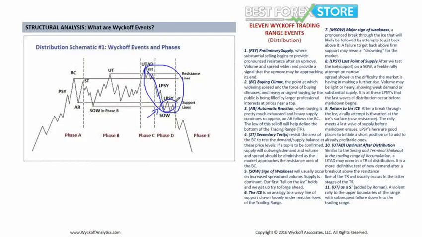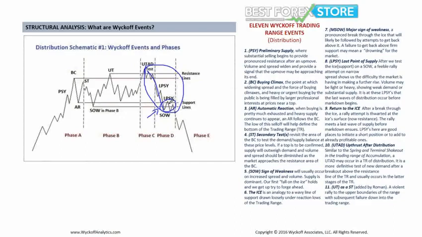And usually the narrative behind these actions is that during phase C and D, composite operated big institutions already do not care about hiding their footsteps.